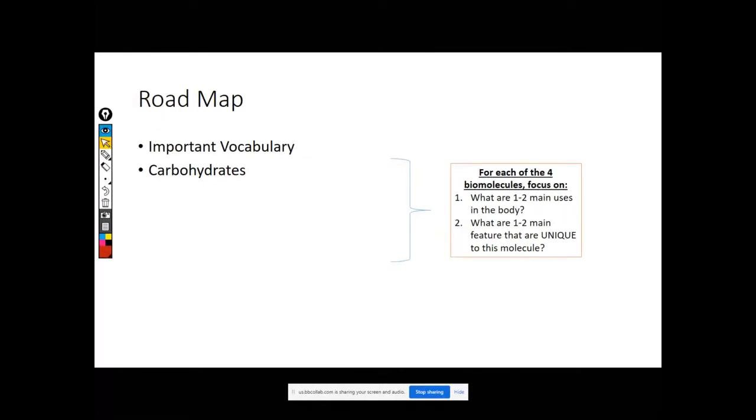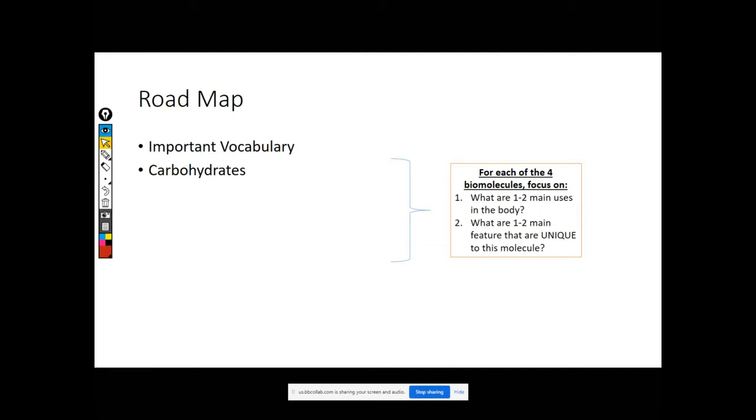Okay, so we're going to start just barely looking at carbohydrates today, aka the introduction slide. But remember, as we're going through this, you've got 2 goals, right? Really pay attention to what is the point in each of these molecules. In this case, why do we have carbs?